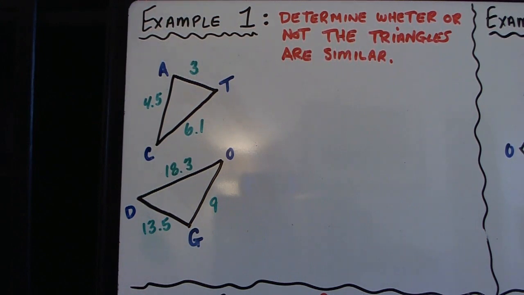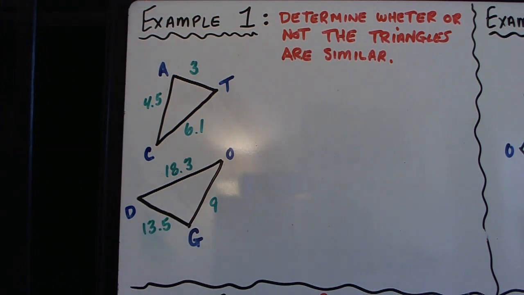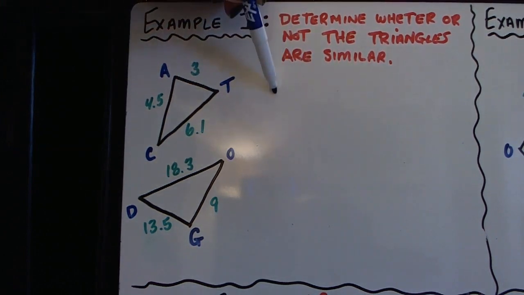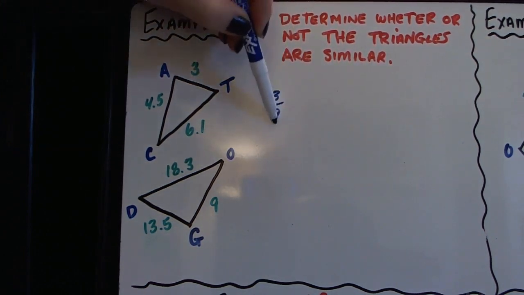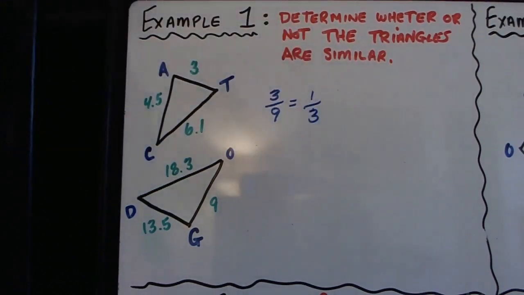What we want to look at here is the ratios of the sides. If I take the smallest side in this triangle, which is 3, and the smallest side in this triangle, which is 9, the ratio of those sides is 3 to 9, which equals 1/3.